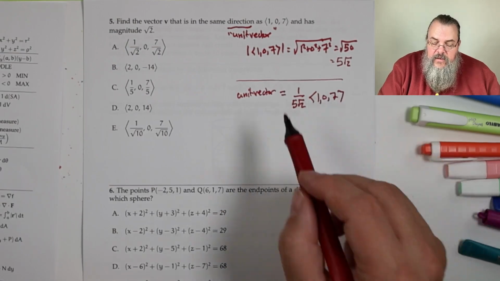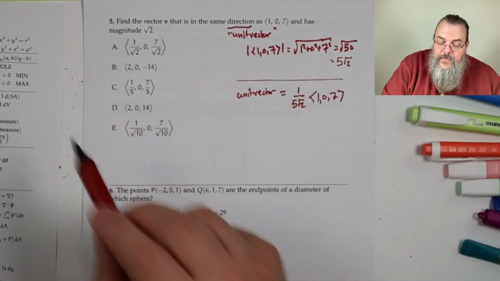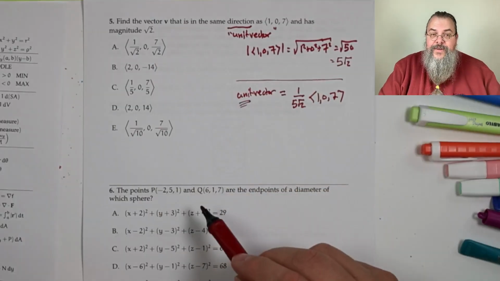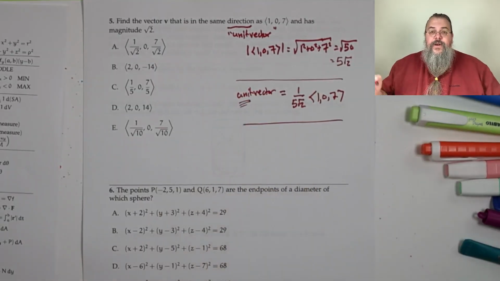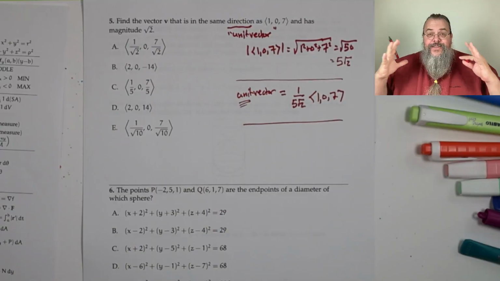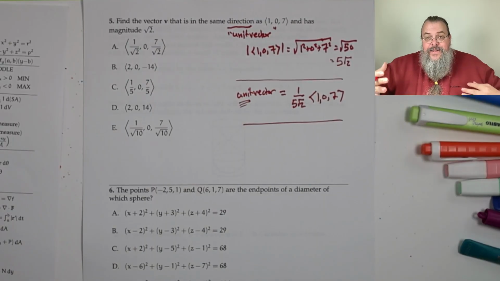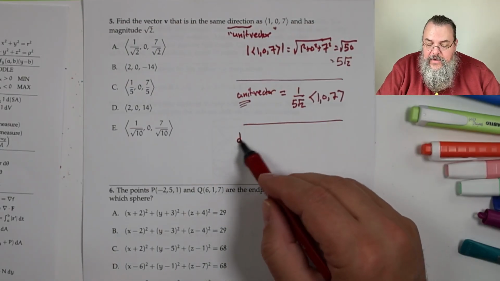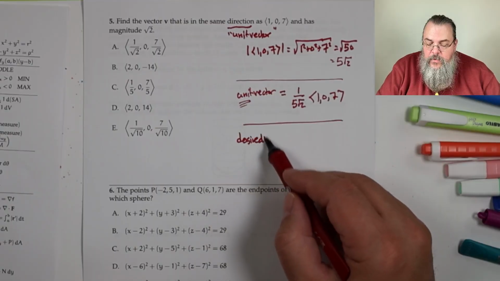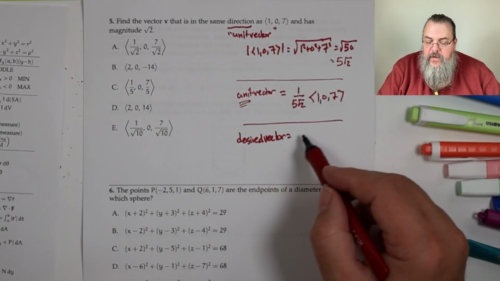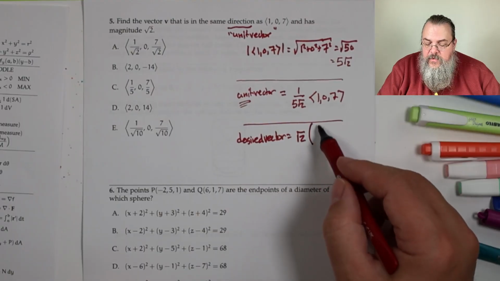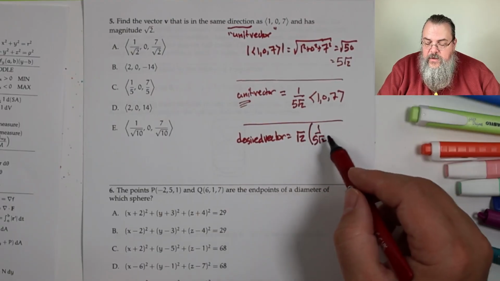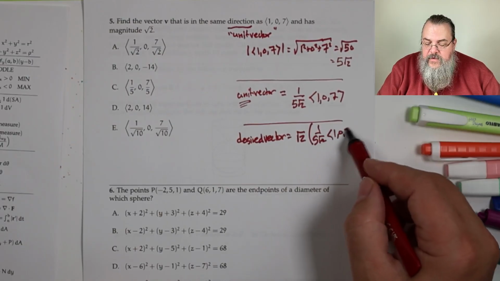Now, this has magnitude 1, the clue being the word unit. Now we say, okay, now that you have the right direction nailed down, we now scale it so it has the right length. So our desired vector would be, well, it's going to be square root of 2 times 1 over 5 square root of 2, times <1, 0, 7>.